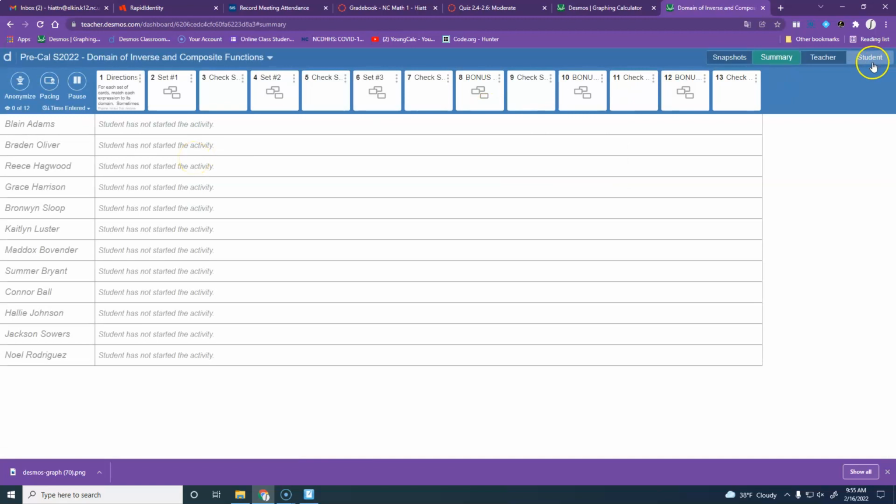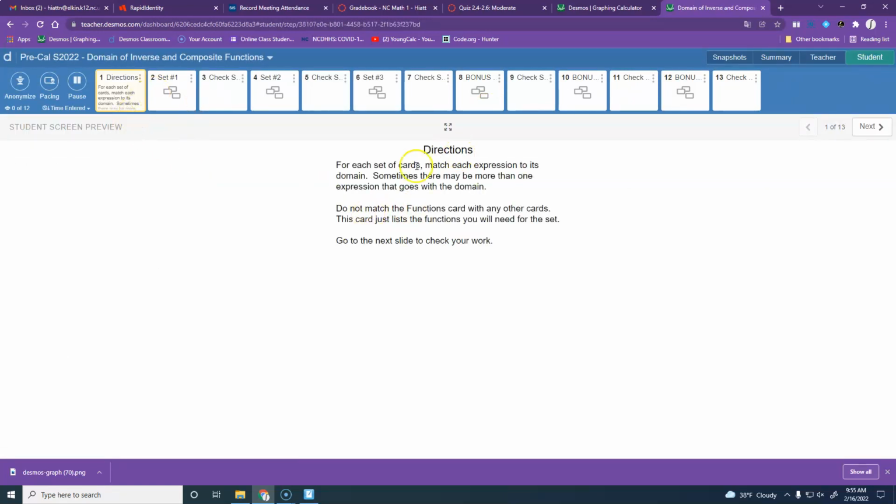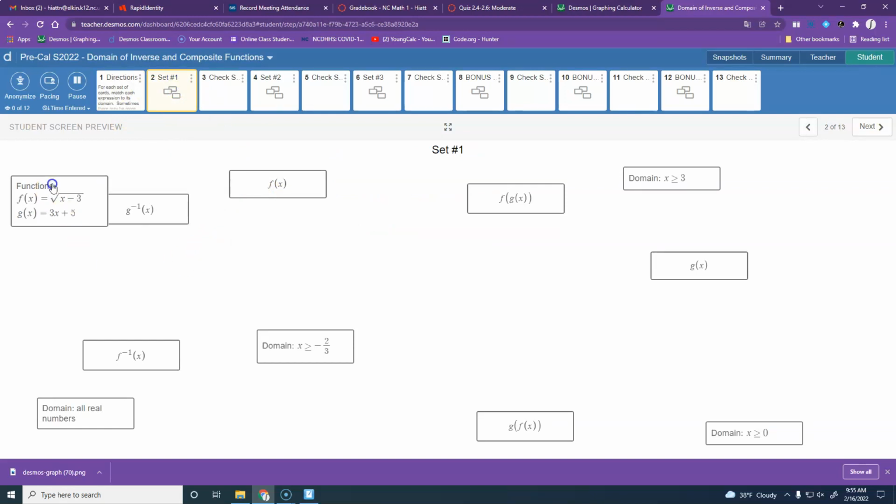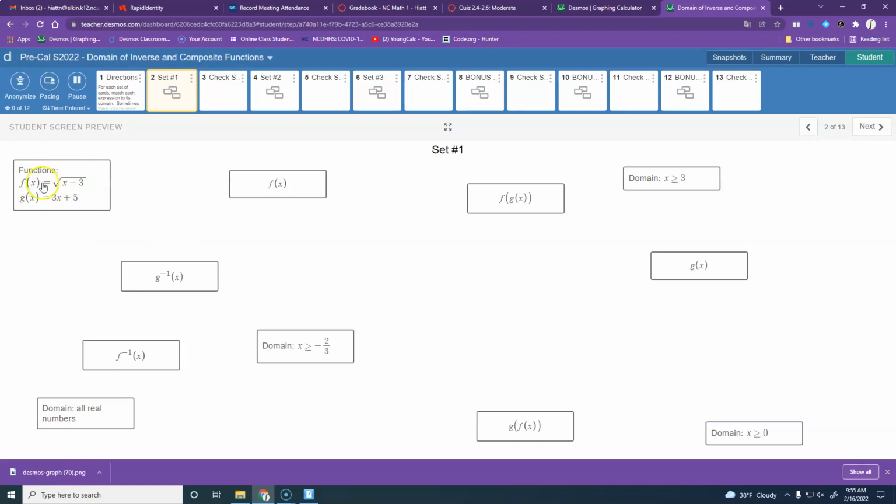Okay, so let me show you what it will look like for you. It's going to tell you here your directions. It's a matching activity. This card right here that says functions, you don't match it with anything. That's telling you what your f of x and g of x are.